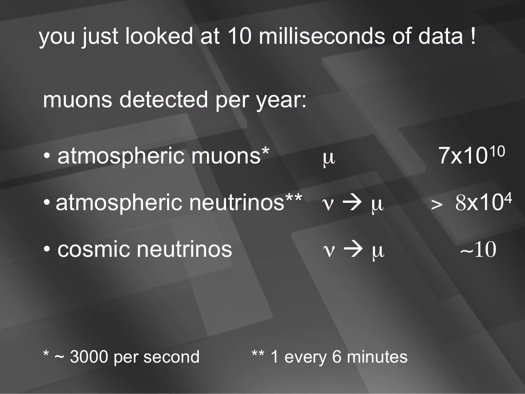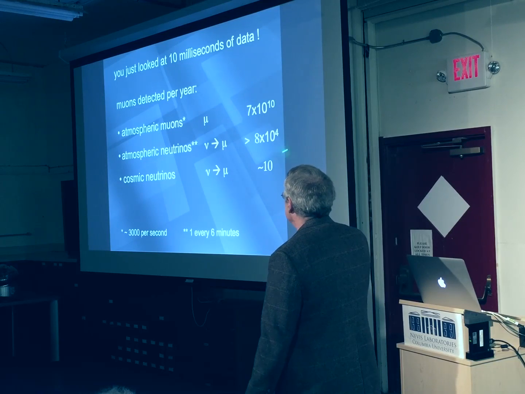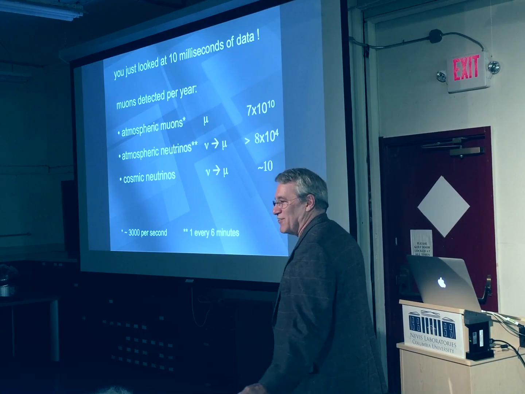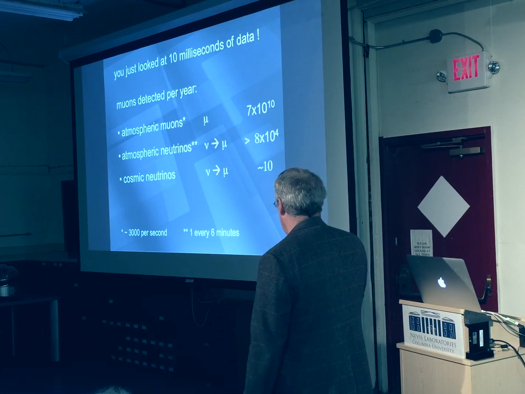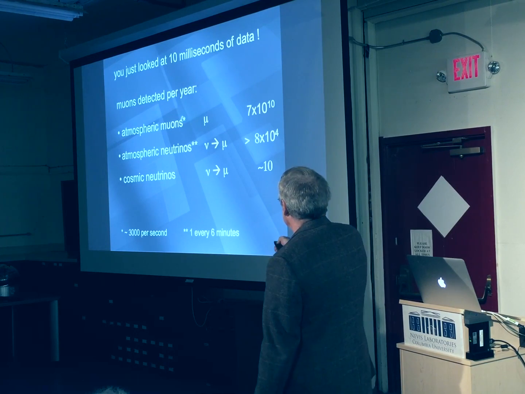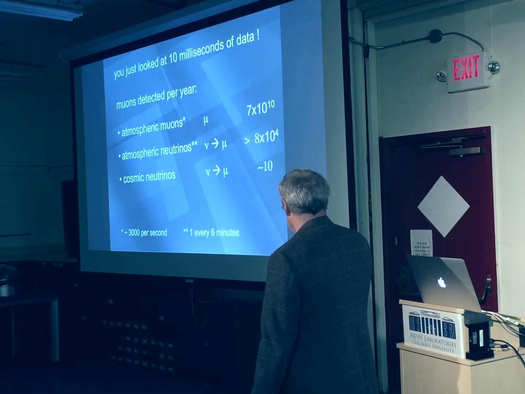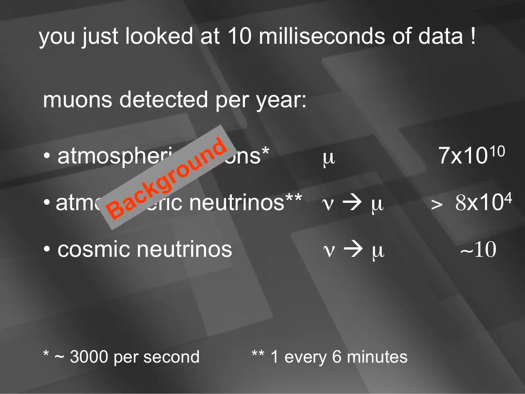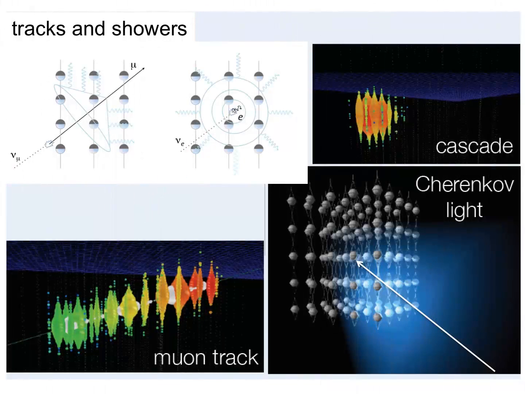So atmospheric muons, well, the cosmic muons, this is in a year we get about 10 of them, okay? But we get all of this number of muons and neutrinos. So we have to work really hard. These, there's 3,000 per second, and these, they're about 1 every 6 minutes. And so those are the background, and we have to get rid of them.